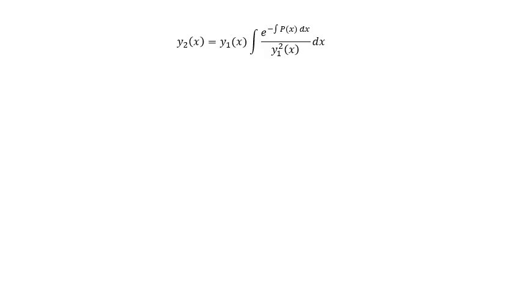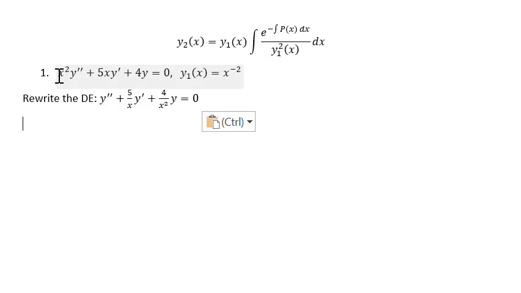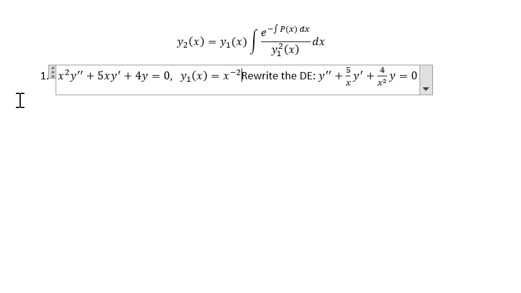Let's do an example. For an example, let's take this differential equation that we worked on in class. We got x squared y double prime plus 5xy prime plus 4y is equal to 0.